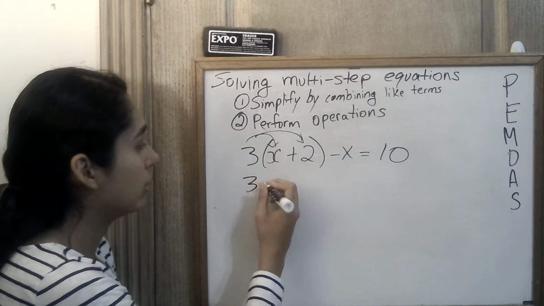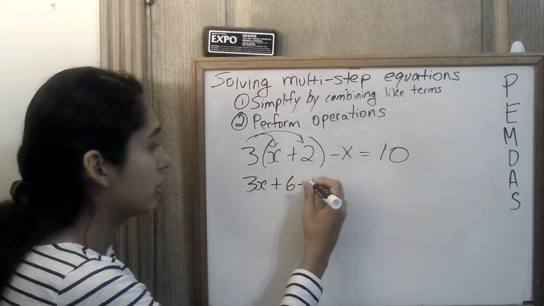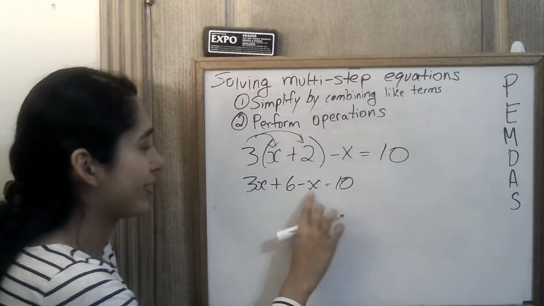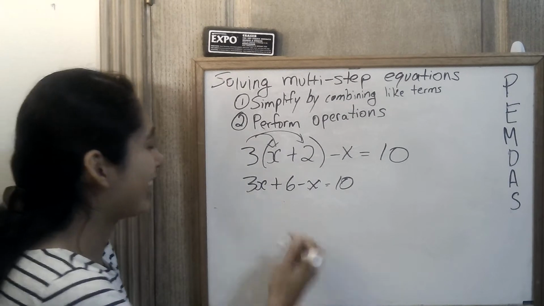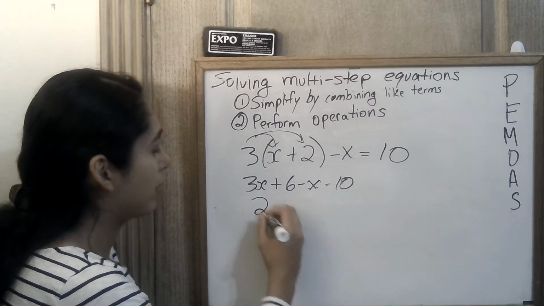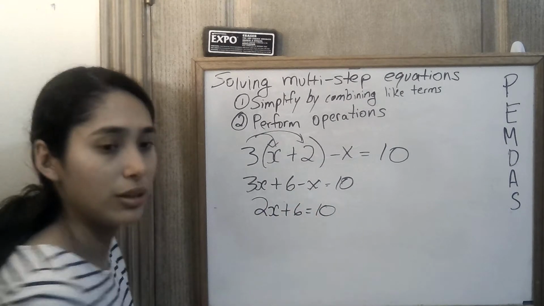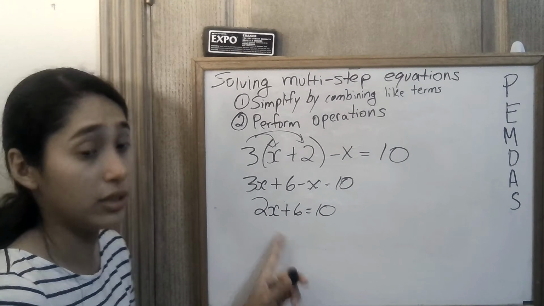So let's do 3x plus 6 minus x. This one looks like something from Assassin's Creed, and this one looks more aristocratic. Then I can combine it to 2x plus 6 equal to 10. Ta-da. Oh, and then I still have to isolate my x.